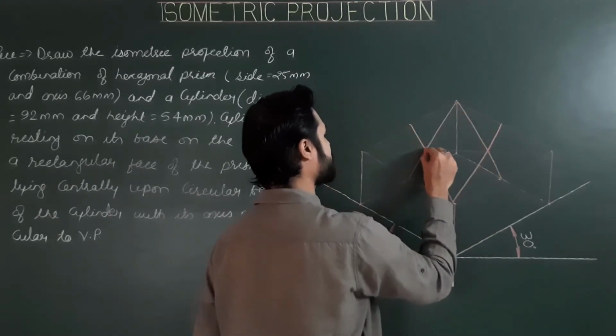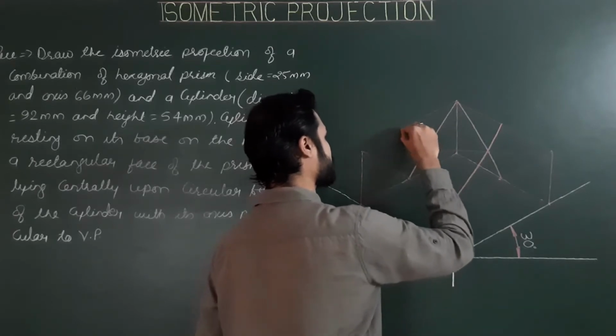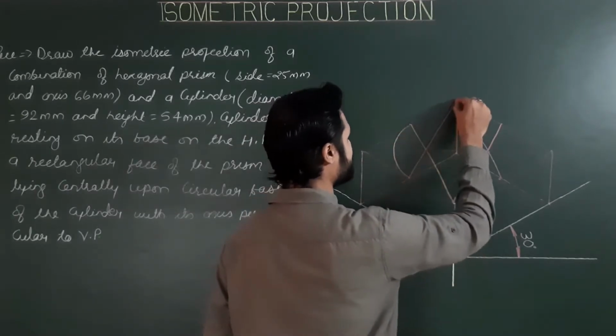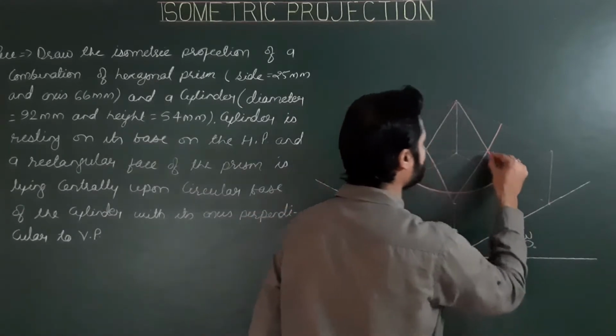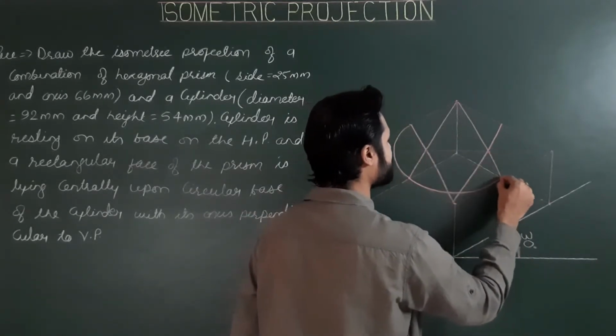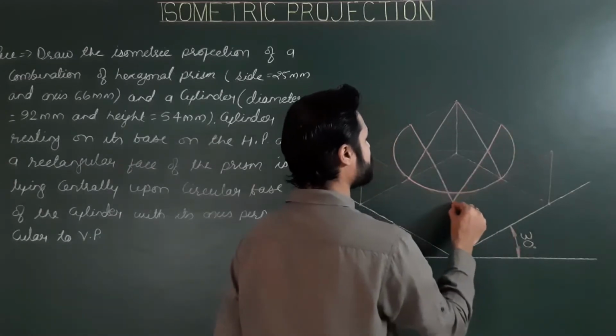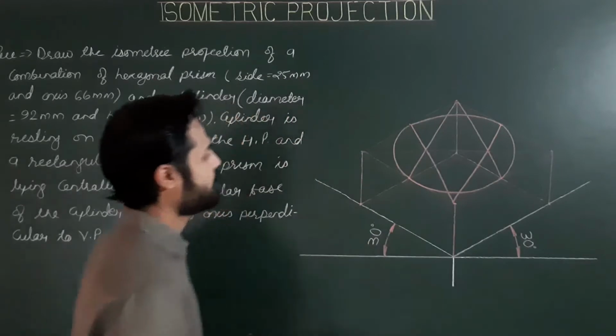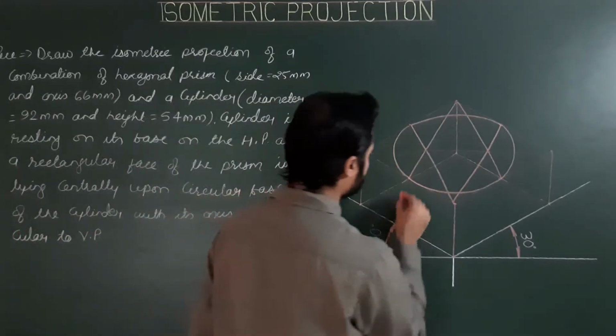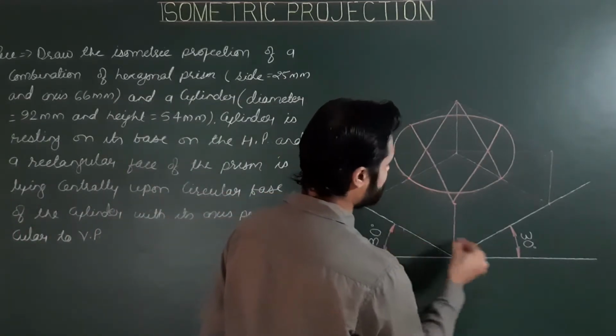First center, and this is first radius, first part. Second center, and this is second radius, second part. Third center, third radius. Fourth center and fourth radius. Okay, again repeating the process for the bottom base.